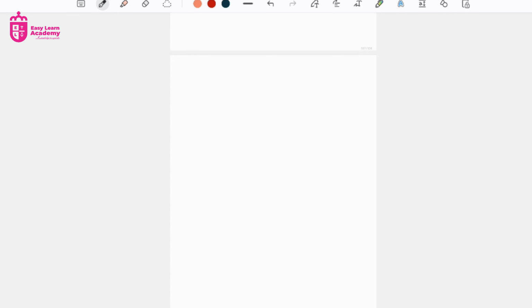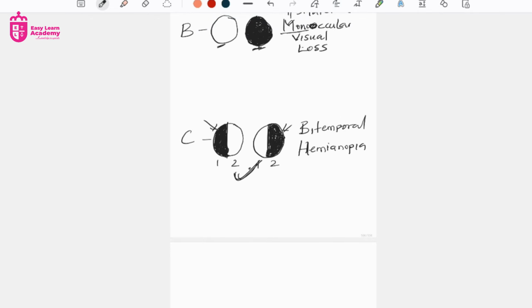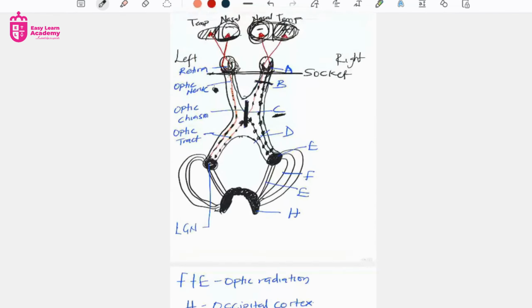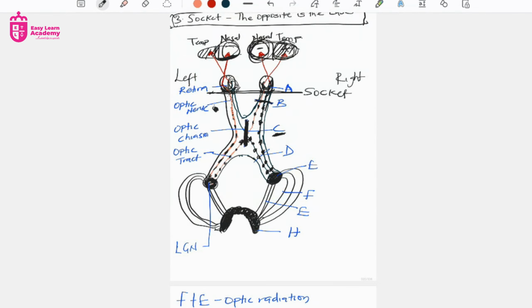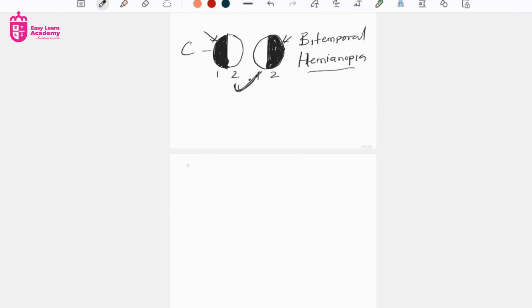Okay, that's fine. Let's go back to our diagram. So we've got bitemporal hemianopia, we've got monocular lesion. Now, there's a lesion at D, and we know D is the optic tract. Dr. Loretta, everybody should draw it, but Dr. Loretta is going to guide us.